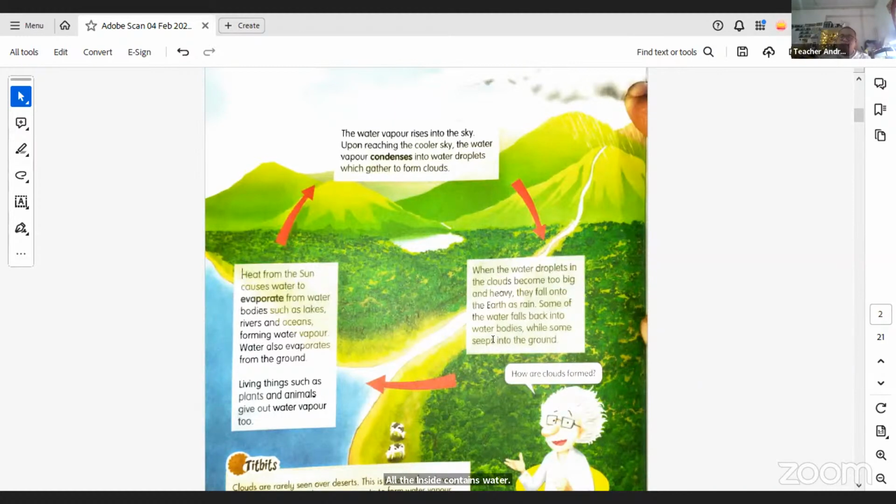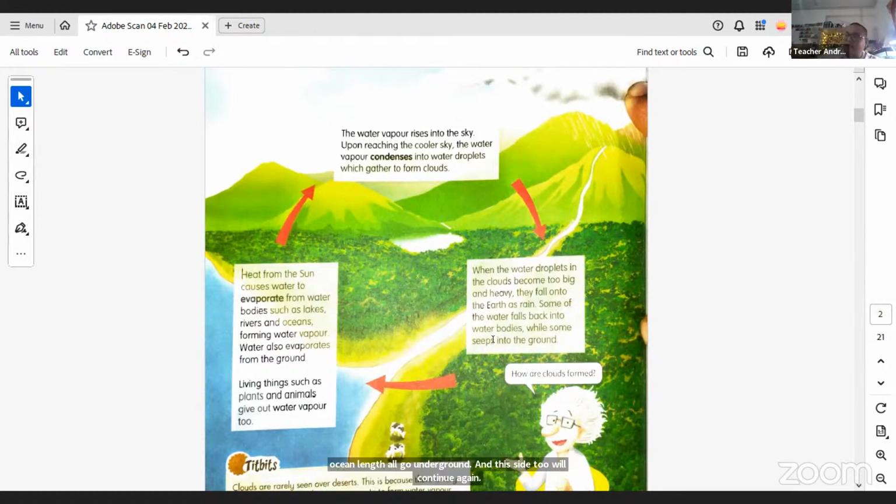When the water droplets inside the cloud become too big and too heavy, due to gravity they will fall down to earth as rain. The water flows back to water bodies like rivers, oceans, lakes, or goes under the ground. And this cycle will continue again.